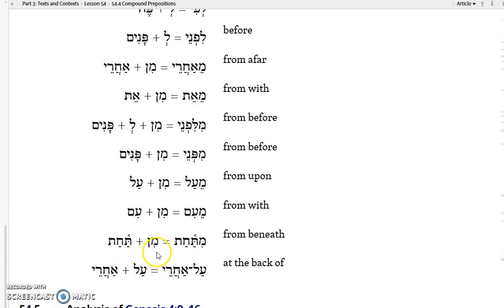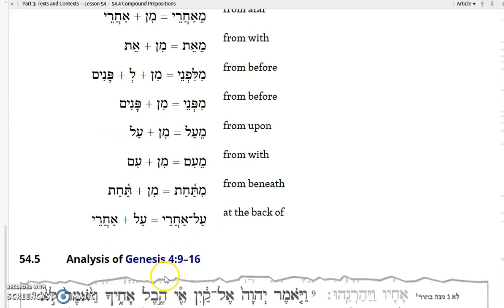But with min, it means separated away underneath, from underneath. And then al plus acharei. Acharei is after, and that would be upon, after, or at the back of. Again, a compound preposition.